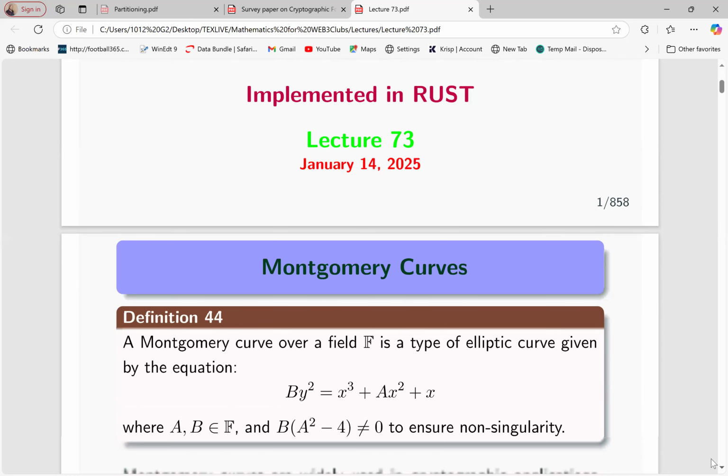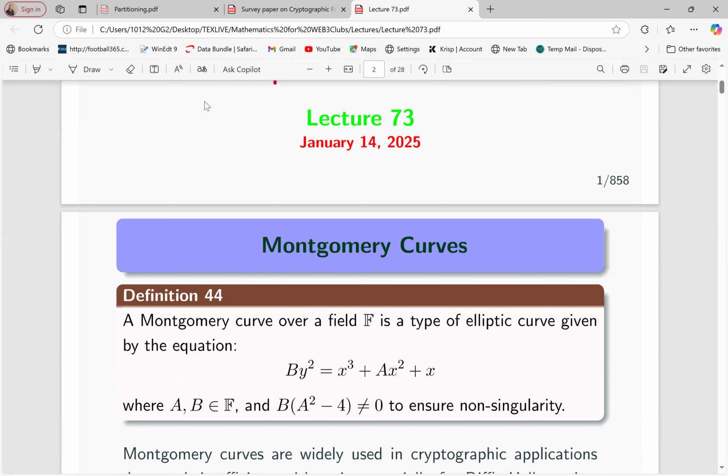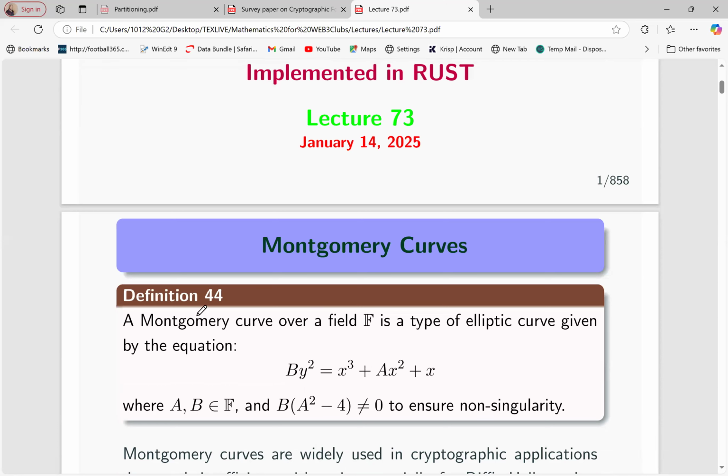So on this Montgomery, just again, to remind ourselves of the definition. And of course, we are defining it over a field F. The definition of Montgomery is slightly different from that of the short Weierstrass. It is y square is equal to x cubed plus ax square plus x.